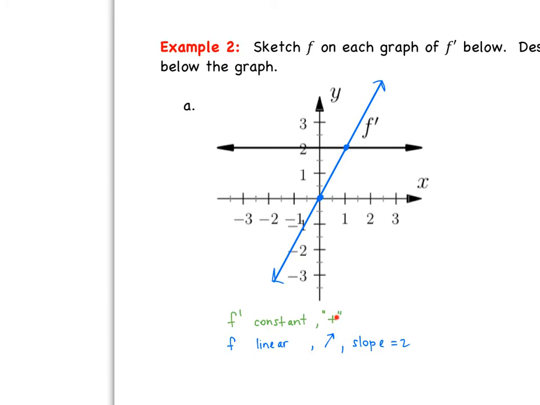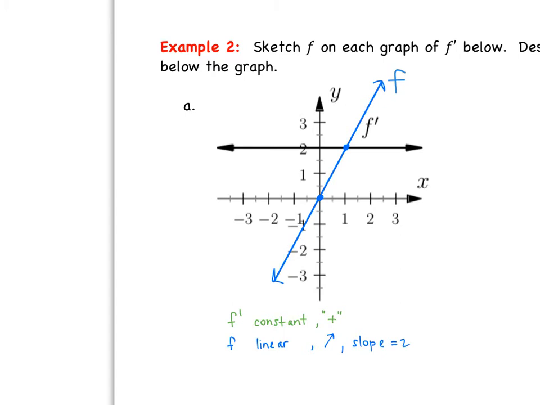Since f prime is positive, I know f is increasing. I could also say that the slope is 2 because my graph of f prime is y equals 2. So all I have to do is draw a line with a slope of positive 2, and there is our graph of f. And I should have labeled it.